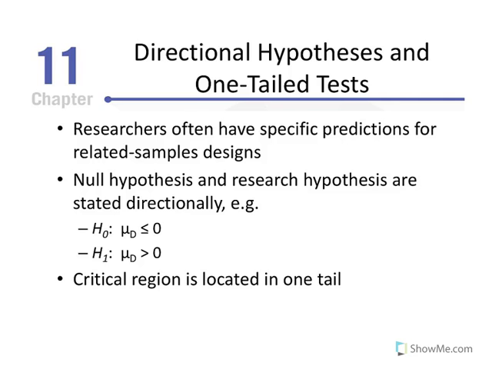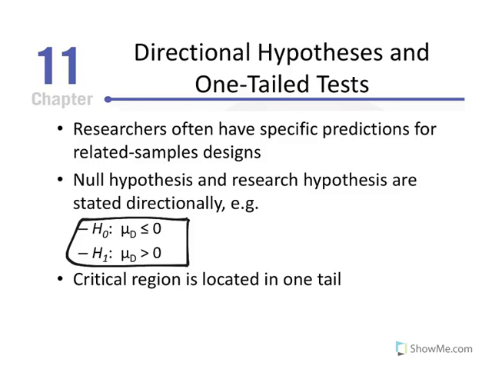So I'm going to use the information that was presented in example 11.1 and walk you through example 11.3 of the text, recognizing that the difference is now that we are testing a directional or one-tailed hypothesis as opposed to a non-directional hypothesis. So the notation for the research and null hypotheses will be different, and this is what we will see, and I will state it verbally but also include the notation.